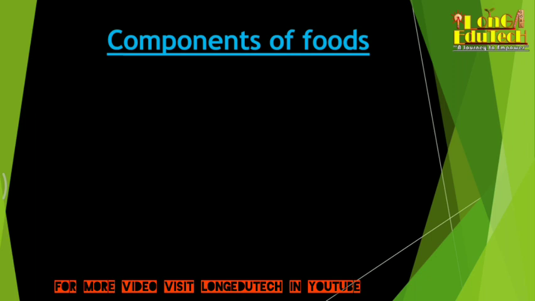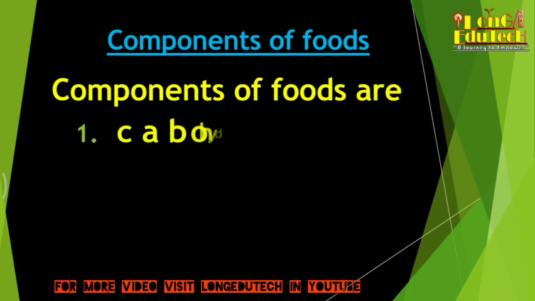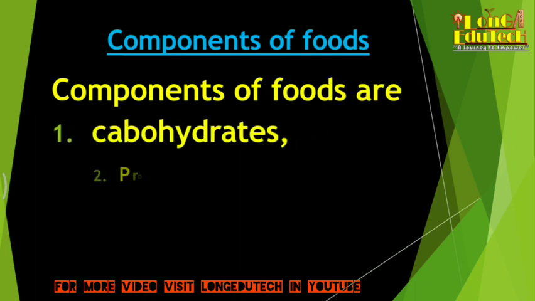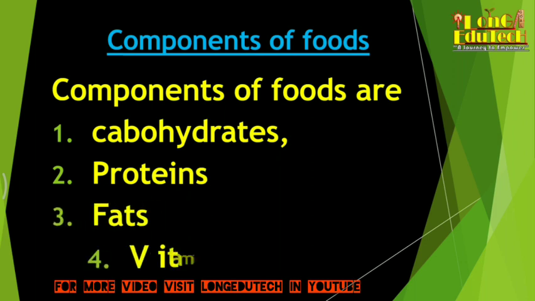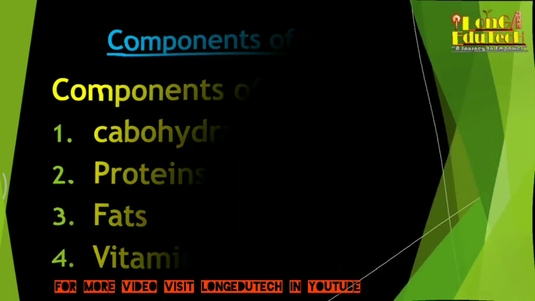The components of food that we need in our body generally are carbohydrates, proteins, fats, vitamins and minerals, and we can also include water and fiber, roughage. So these are the components of the food that we eat.